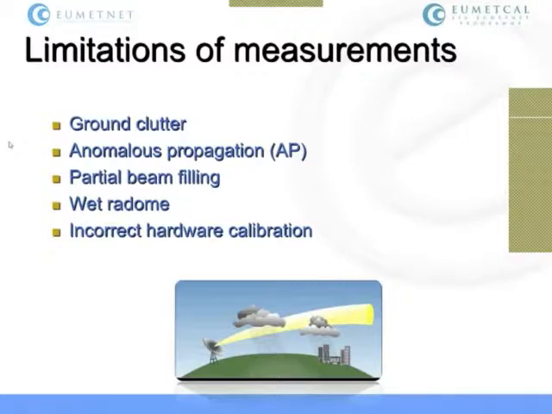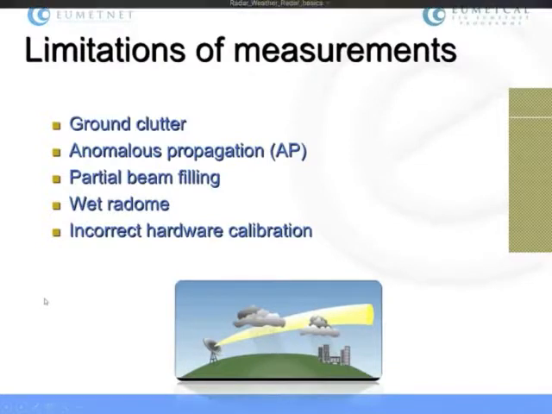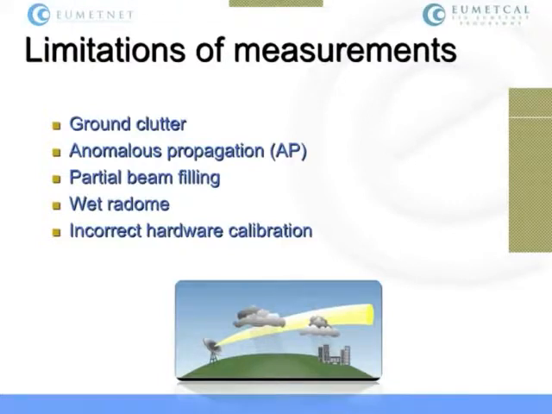Some of these are ground clutter and anomalous propagation, which is actually what was in the previous slide. We can have partial beam filling, where the beam is propagating into the atmosphere and is not sampling only the precipitation.